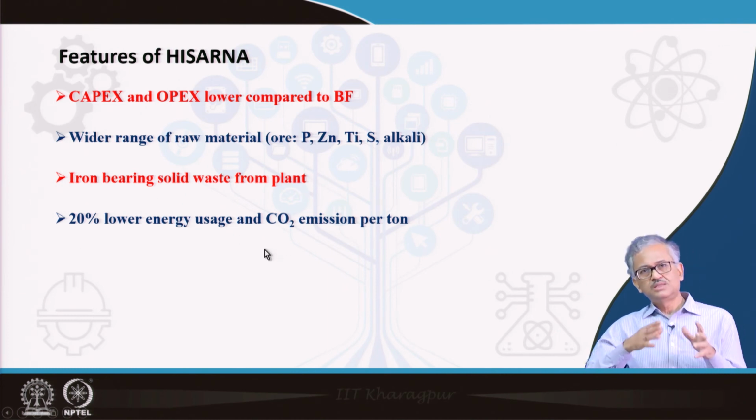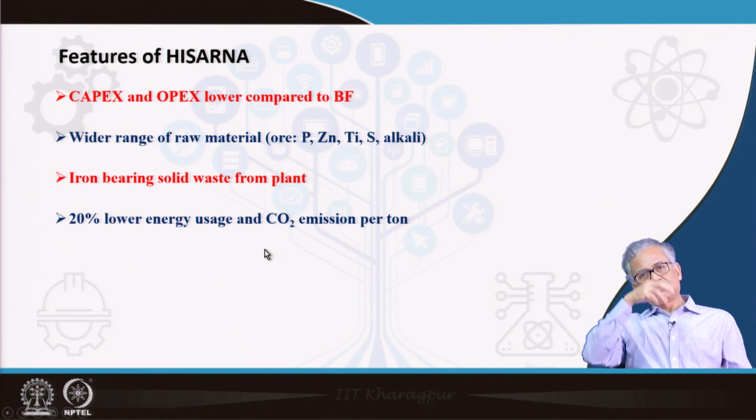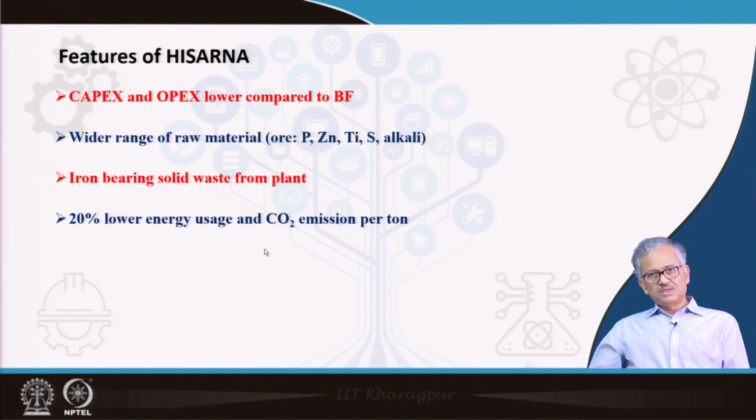And one thing is that in the Hisarna process, the major thing is that from the off gas, the CO2 is sequestered. So the CO2 sequestration is in place, and that is the CCS technology by which you can convert it and store.